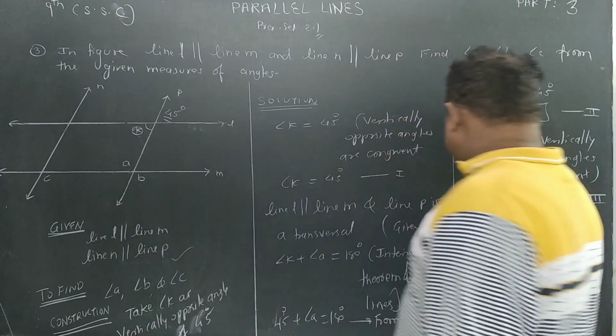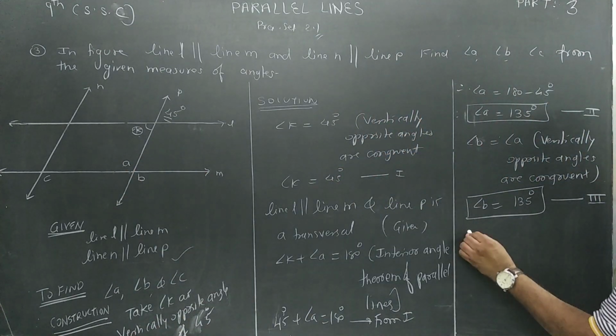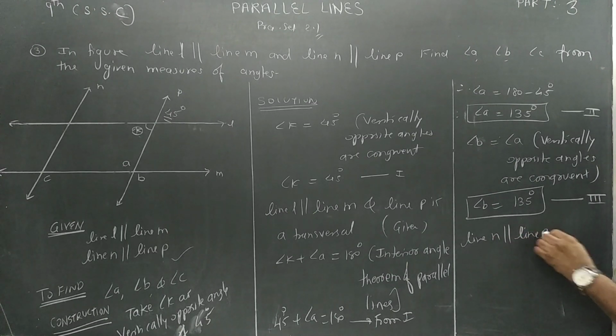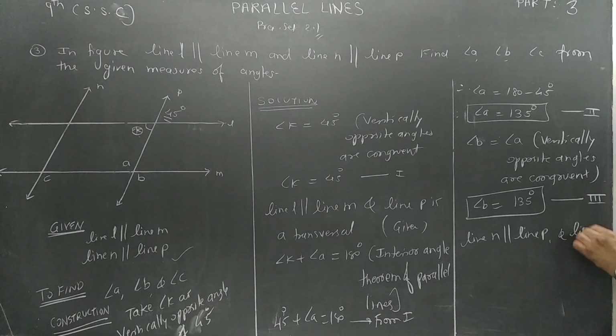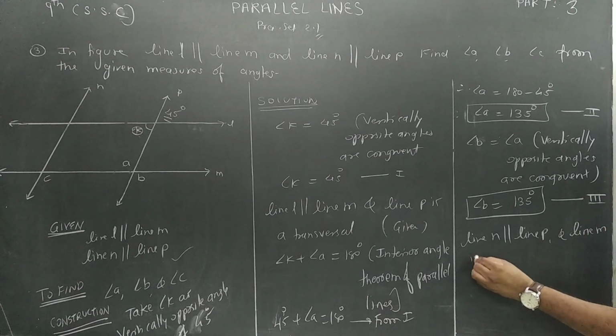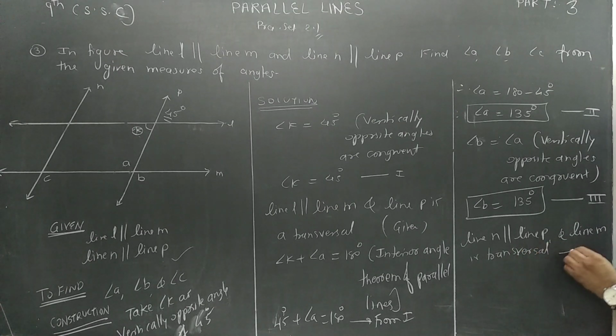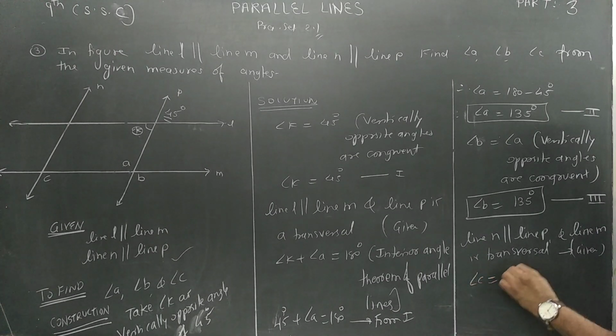So we are going to take that line N is parallel to line P, and the transversal is line M. It is given. So we can take angle C and angle E.